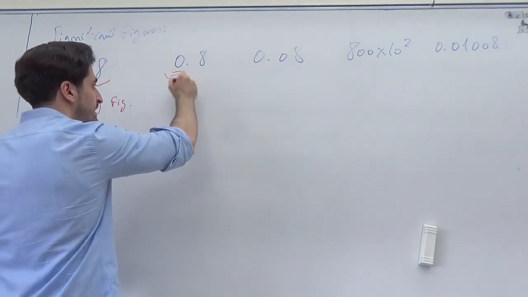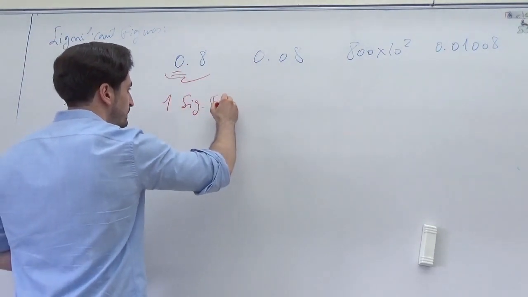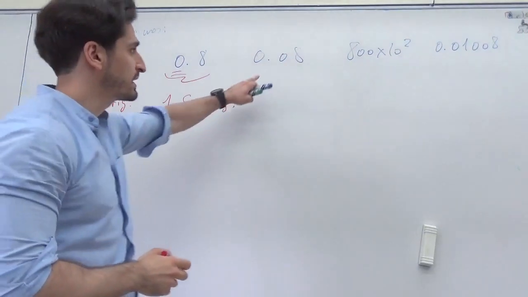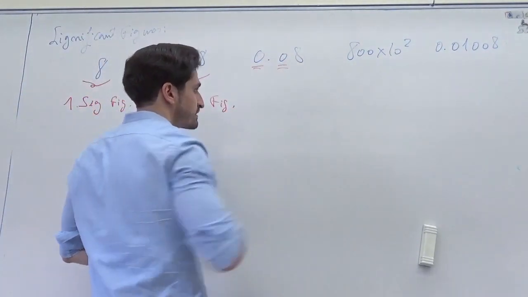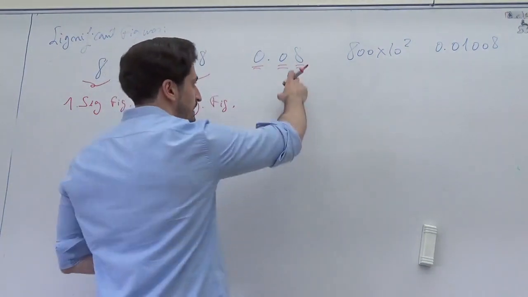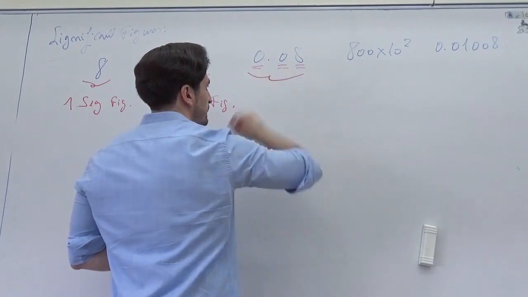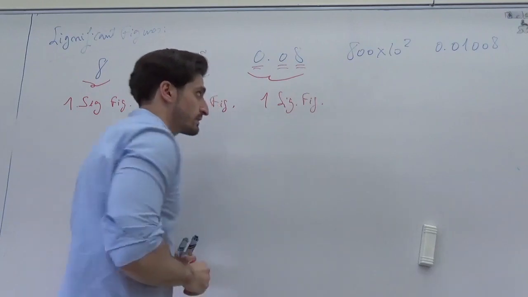So in that case, that entire number over here consists of one significant figure. The same thing over here. We have a leading digit of 0, followed by another digit which is 0, then followed by 8, which is different than 0. So we start counting from 8. Therefore, that entire number over here consists of one significant figure.